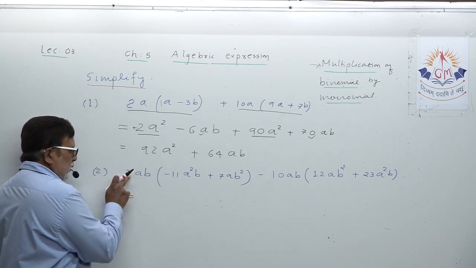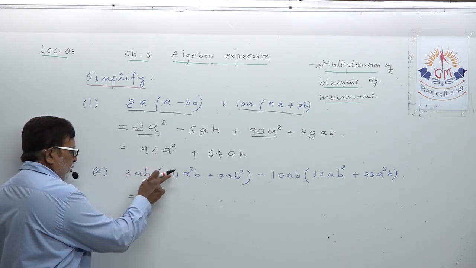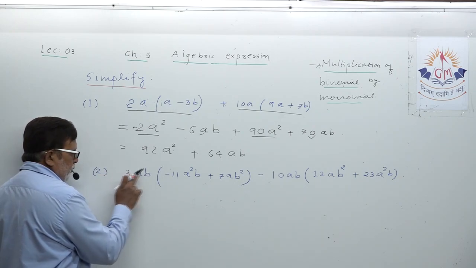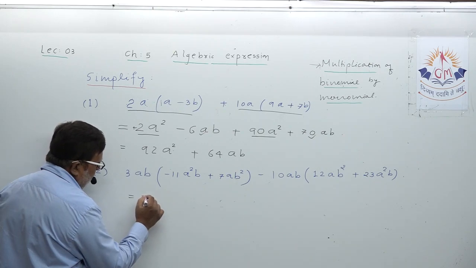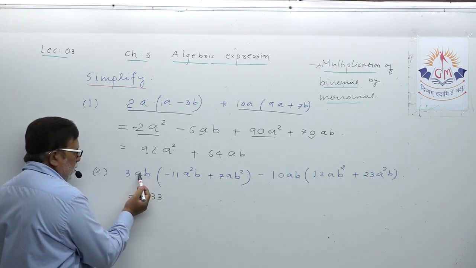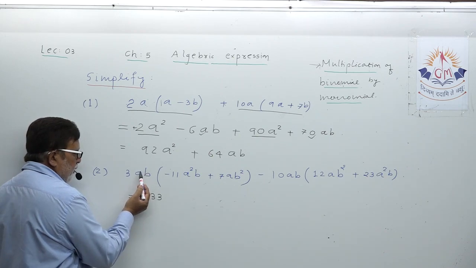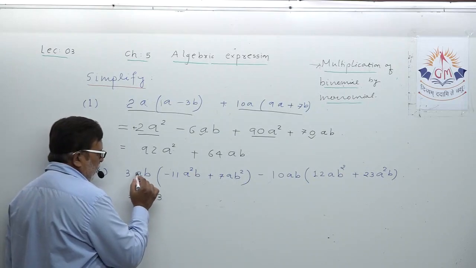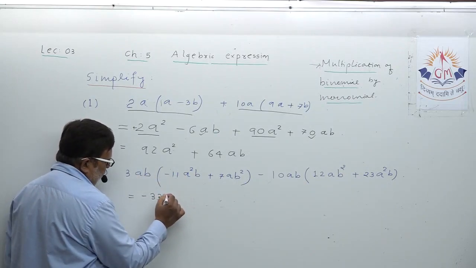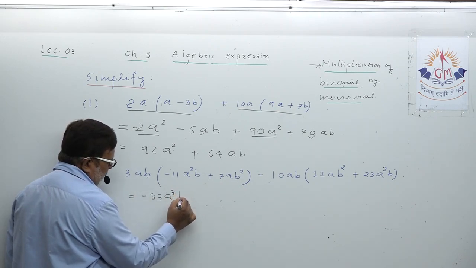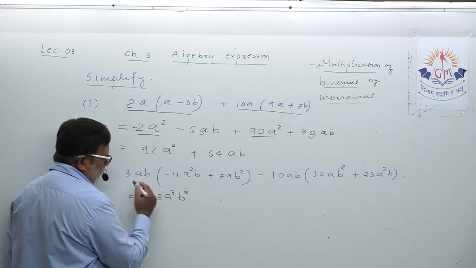First, number to number multiplication. 3 times 11, minus 33. No power means 1. I am not going to mention it again and again. A into a raised to 2, add the power, a raised to 3. B into b, add the power, b square.